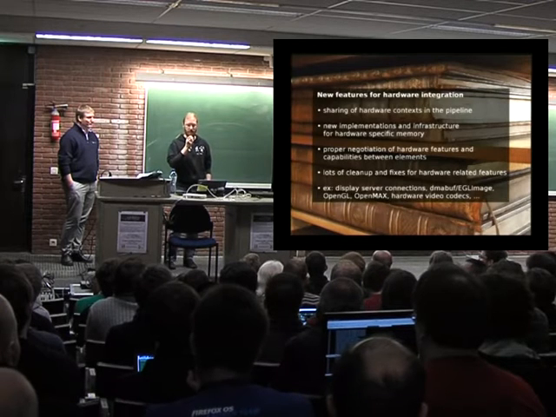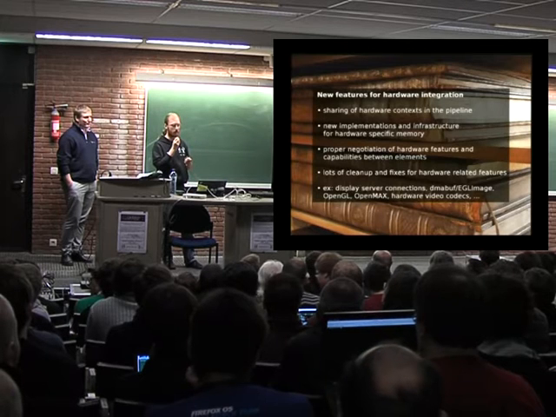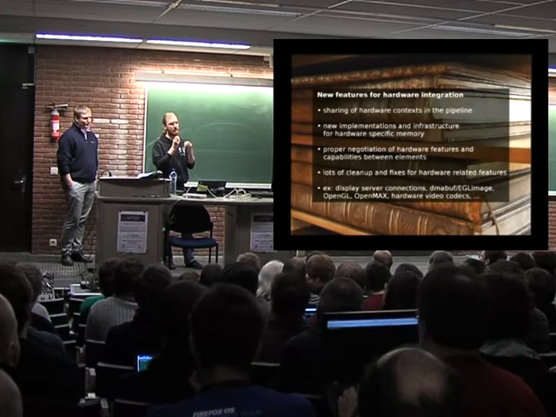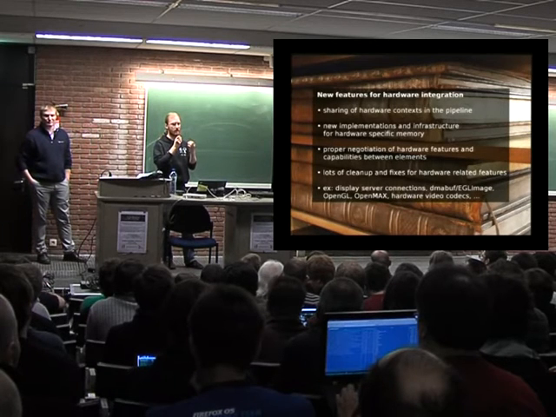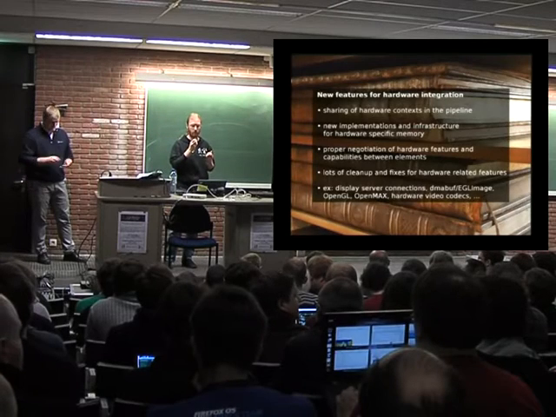Then what was added quite recently is we have proper negotiation between the elements to make it possible that the best possible combination of elements that are available on your computer is selected.